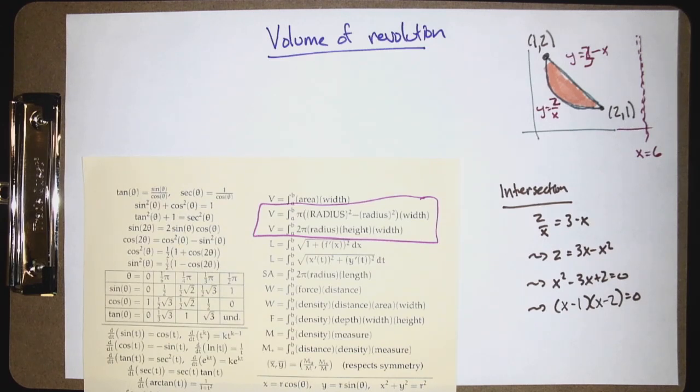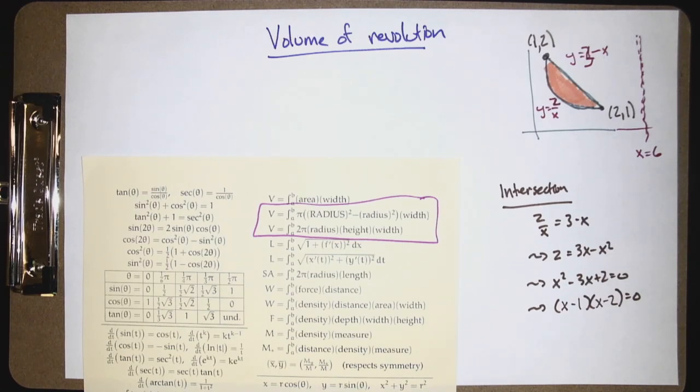When you're after a volume of revolution, you can use, I'll just say washer for disk/washer, you can use washer or shell. Sometimes the problems will be very explicit, and they'll say you must use such a technique. So let's go ahead and just set up the formulas for both, since we're mostly about the setup.